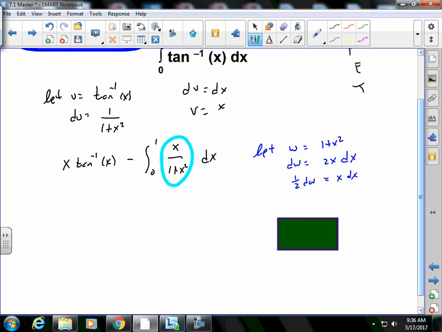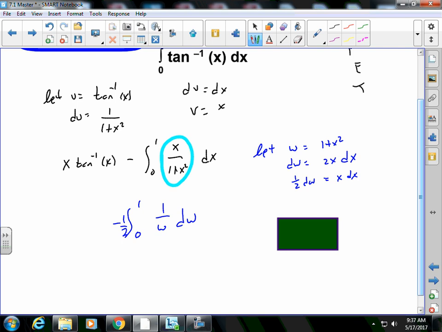So just looking at what's on here, I am not changing the limits of integration. I need that 1/2. Instead of having x over 1 plus x squared dx, I rewrite as 1 over w dw.